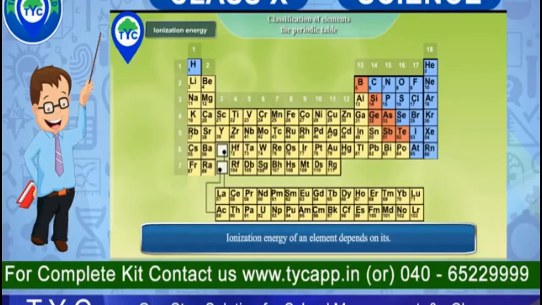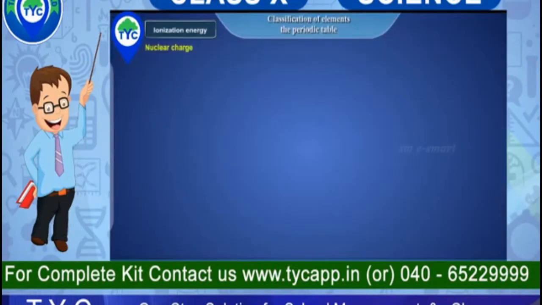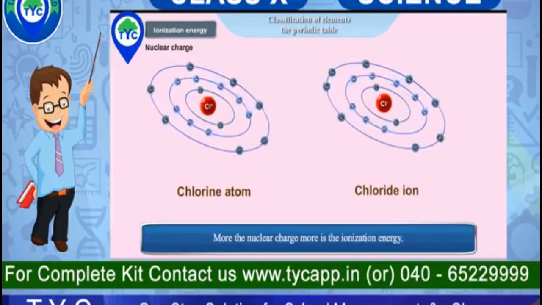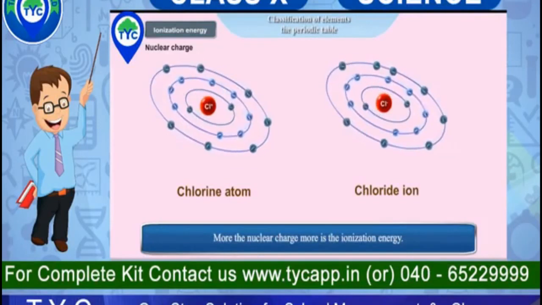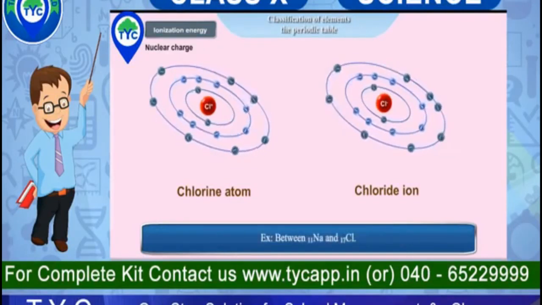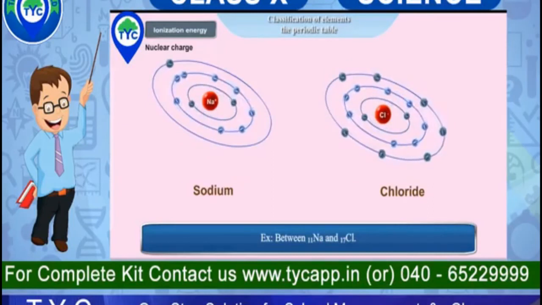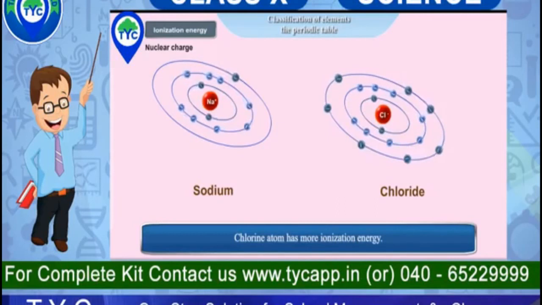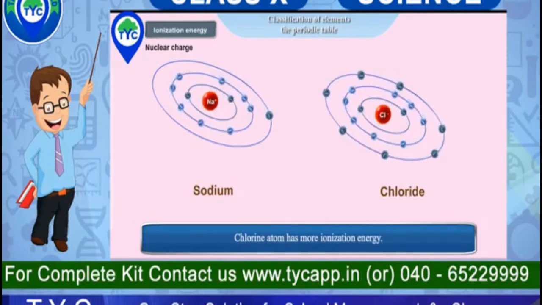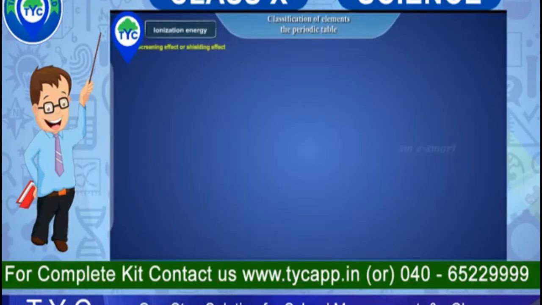Ionization energy of an element depends on its nuclear charge. The more the nuclear charge, the more the ionization energy. Example, between 11 Na and 17 Cl, the chlorine atom has more ionization energy. Screening effect or shielding effect.